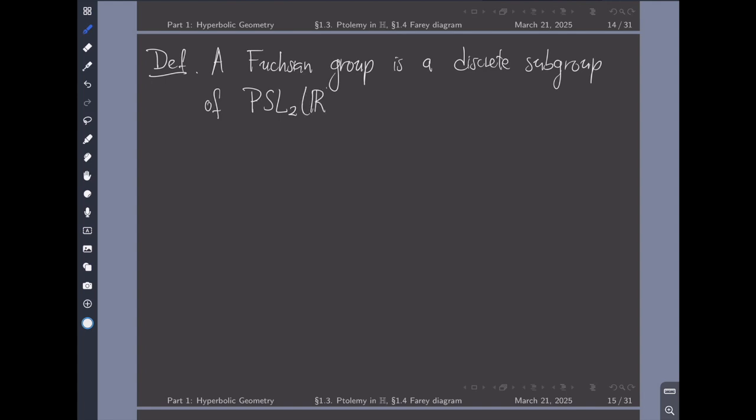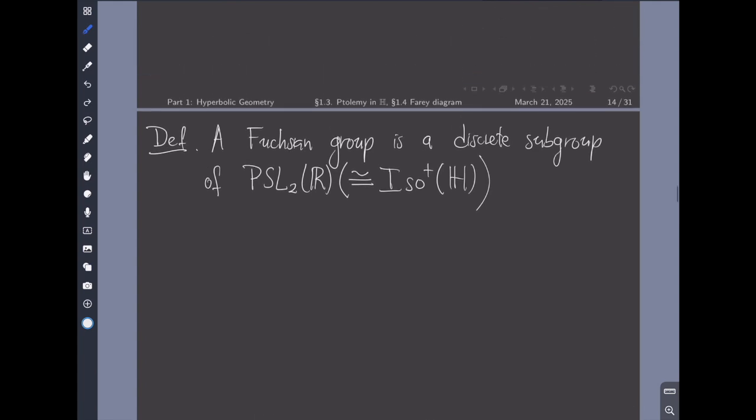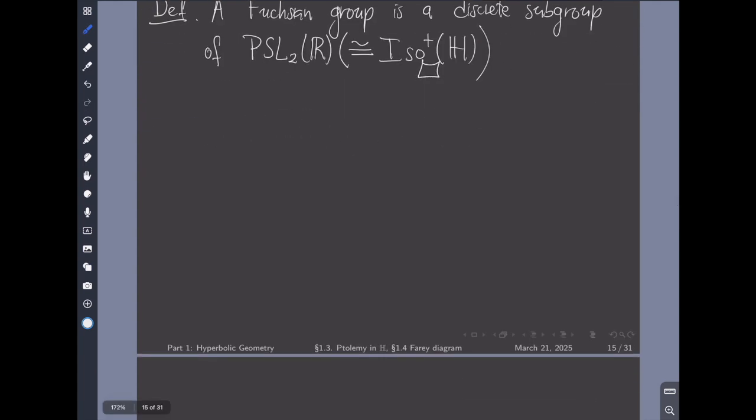Although what we really have in mind is the isometries that preserve the orientation of the hyperbolic plane. And here you can put Riemannian or metric isometries, whatever you want.